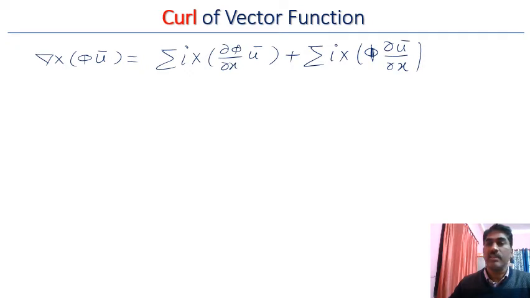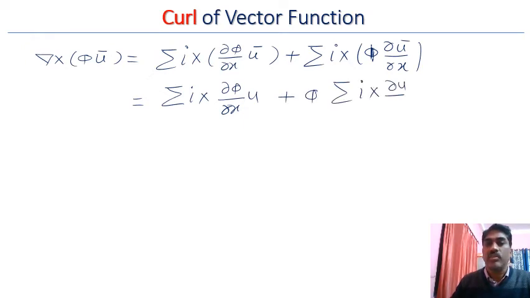We take this phi outside because it has no role in summation. Let us first write the second one, then we will simplify the first one: del phi by del x u plus phi times sigma i cross del u by del x.